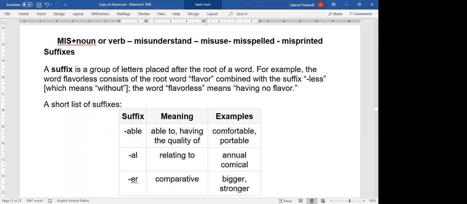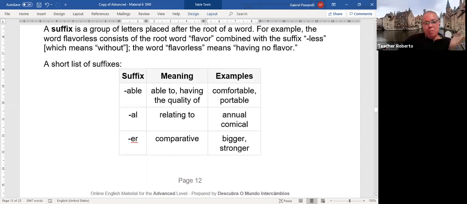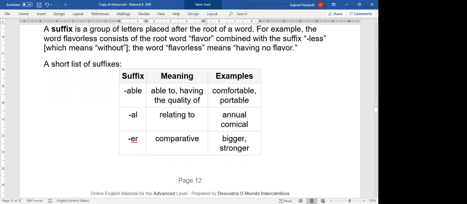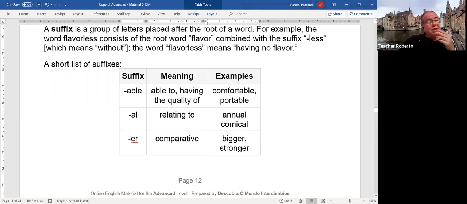The other one is the comparative, er. We have already studied this when we talked about the comparative of adjectives, okay? Every time I add er to an adjective, I make the comparative, like big, bigger, small, smaller, strong, stronger. You may notice a lot of Americans making bad mistakes.